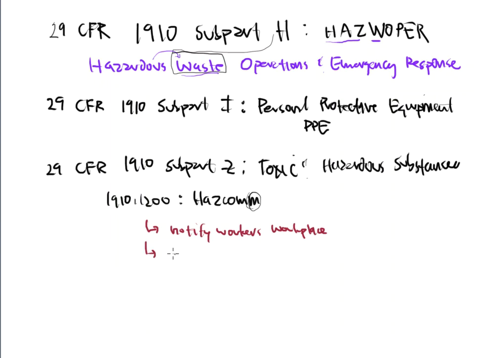This also falls under the category of SDS, the safety data sheets. These used to be called the Material Safety Data Sheets, MSDS, but they dropped the M and they just called it Safety Data Sheet. Probably a couple of years ago was when that started.